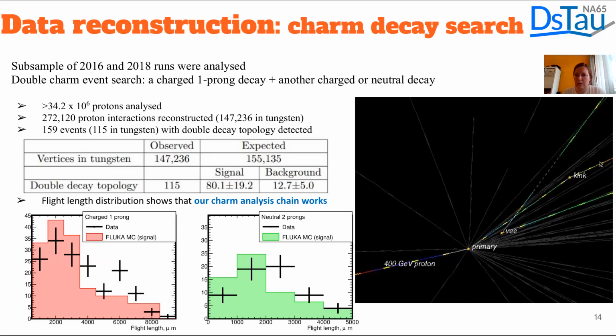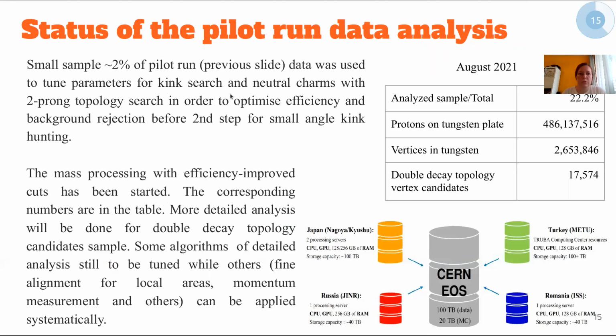The charged track has a kink, and here is a candidate for the decay of a neutral charm. This small sample was used to tune parameters for the kink search and the neutral charm search with two-pronged topology. And after this, mass processing with the efficiency-improved cuts has been started.